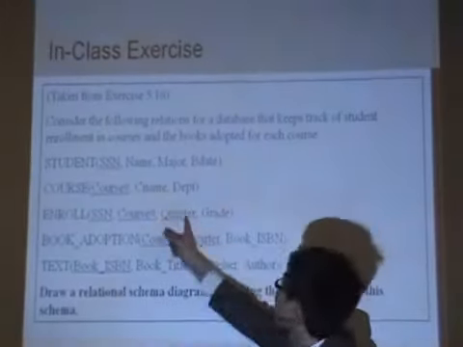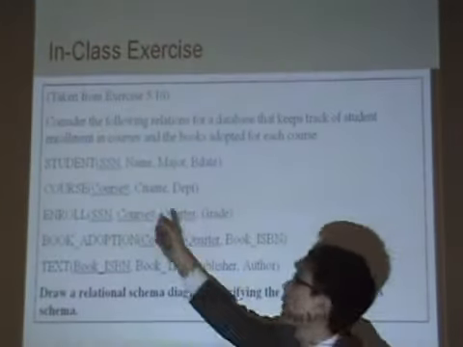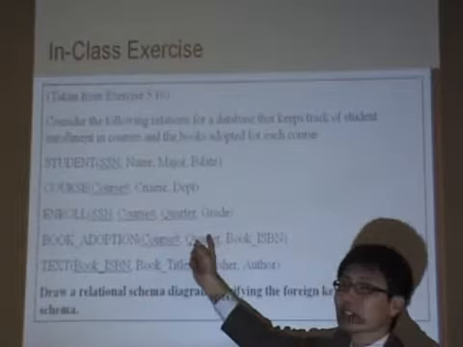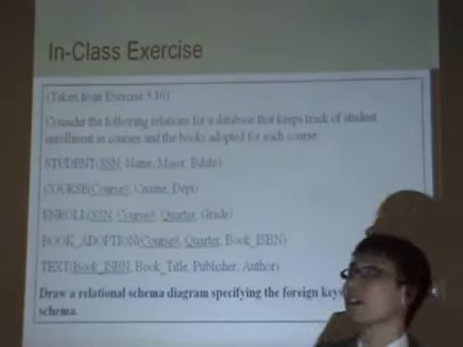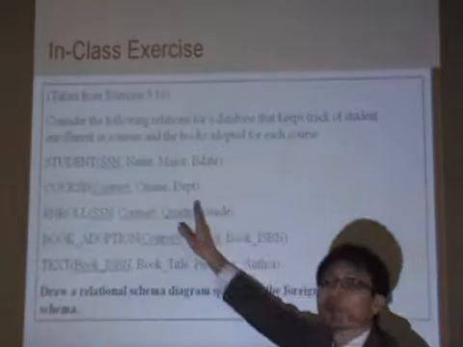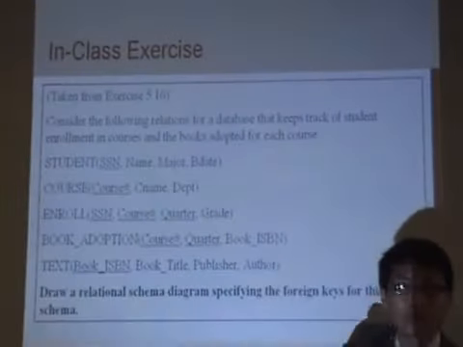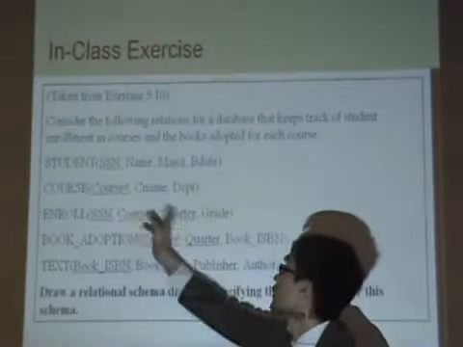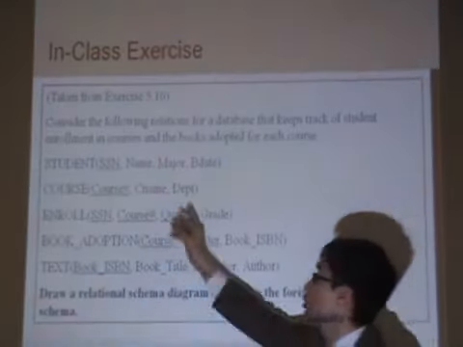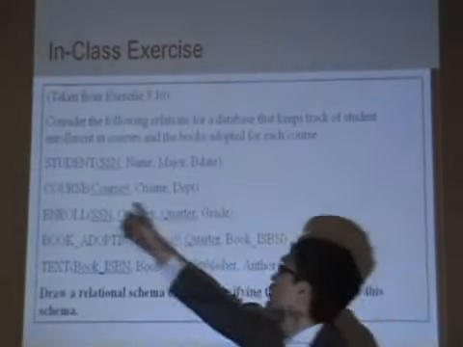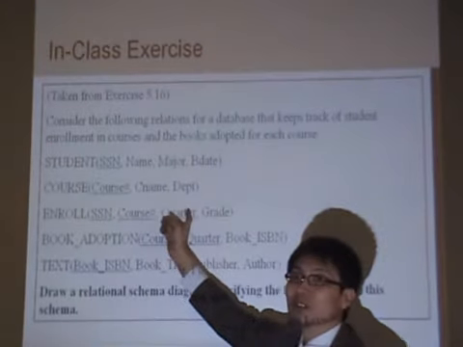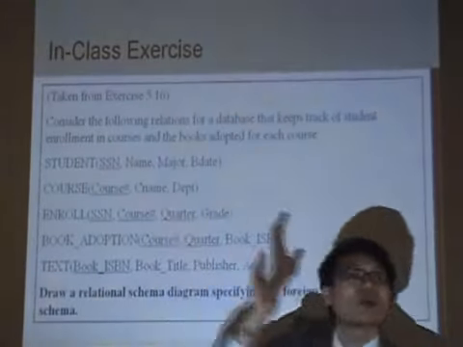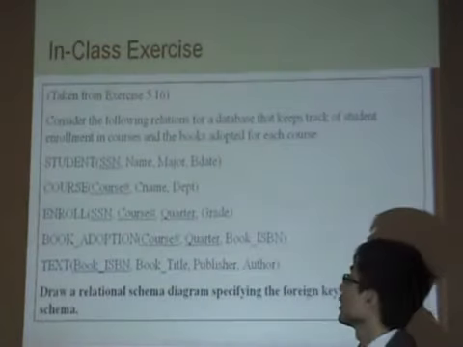Is that the primary key? No, it's just a part of the primary key. What about this? No, it's just part of the primary key. So there is no constraint between them. Which means it's just part of the primary key, as long as it's unique and non-null.